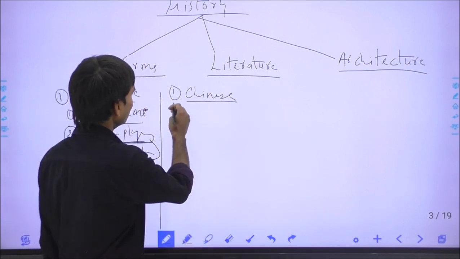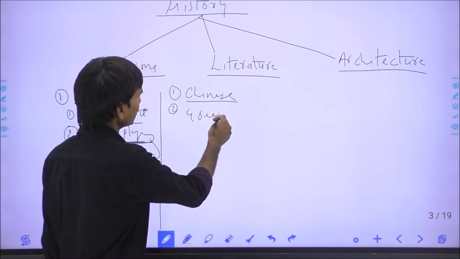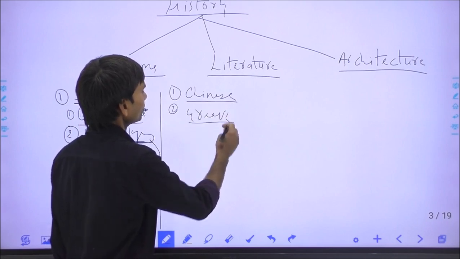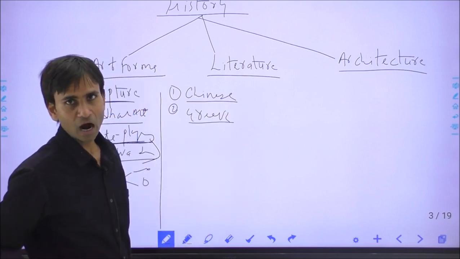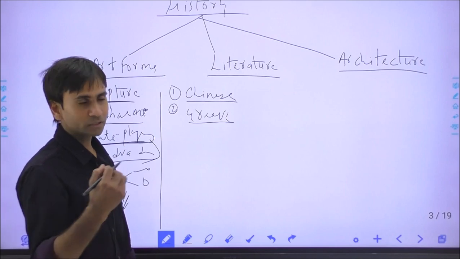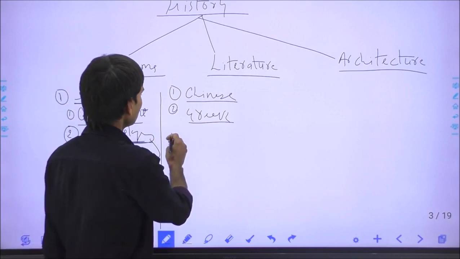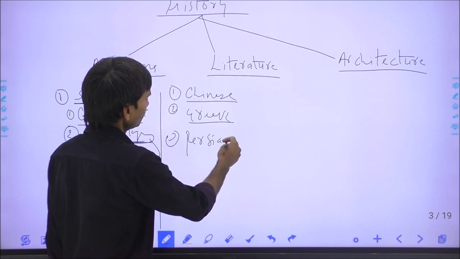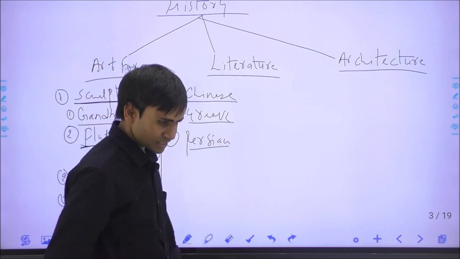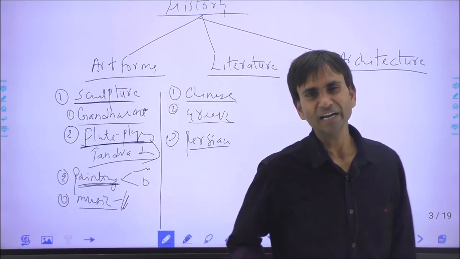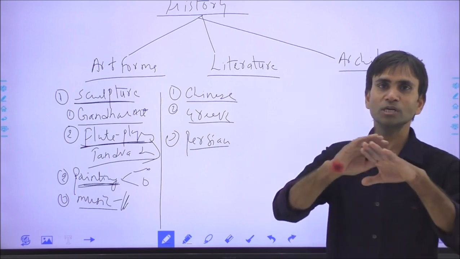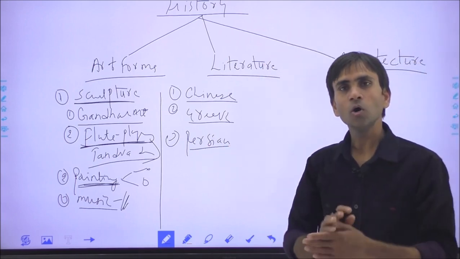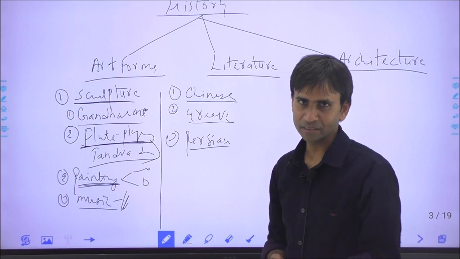And so many Greek texts, and what do the Greek texts say about Indian society and geography, and how are they helpful for history writing. And this is the Persian literature. Persian literature mainly starts during the medieval age when India was ruled by the Muslim rulers under the Delhi Sultanate or the Mughal emperors.